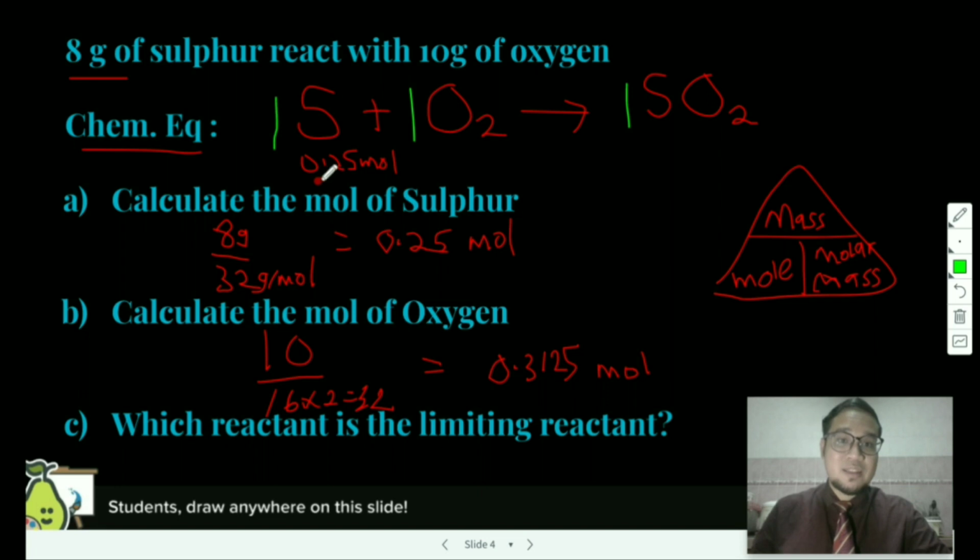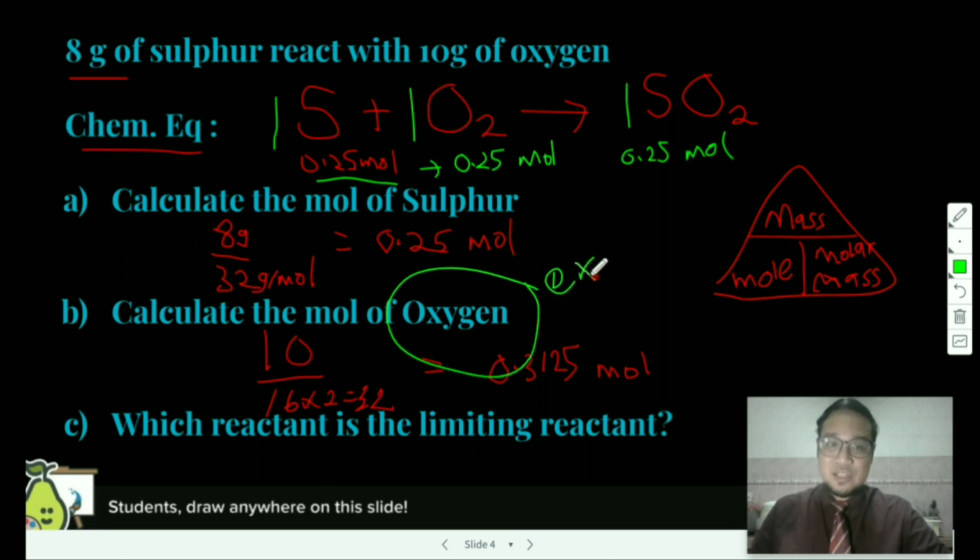So if 0.25 mole of sulfur reacts, it will react with 0.25 mole of oxygen and then produce 0.25 mole of sulfur dioxide. However, I am provided with 0.3125 mole. So therefore, oxygen is in excess.